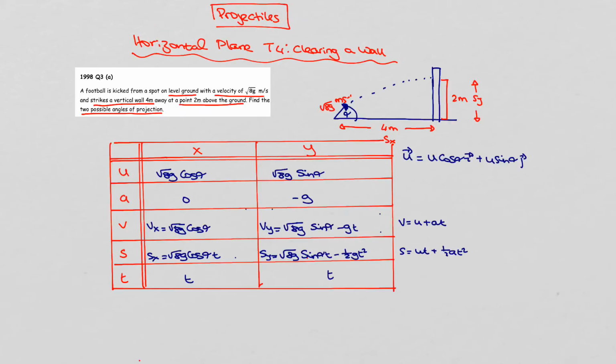This is an easier equation than to get our time of flight. So root 8g cos alpha t is going to equal 4 meters. Therefore t will equal 4 over root 8g cos alpha.